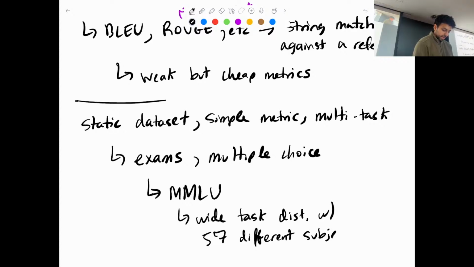So it's got math, economics, biology, things like that, and it's got multiple choice questions for each of them. So I wanted to just show some examples from these data sets, to give an idea of how they handle this wide task distribution.